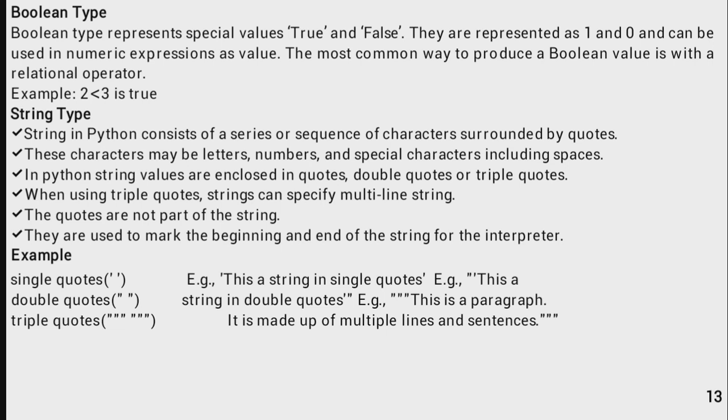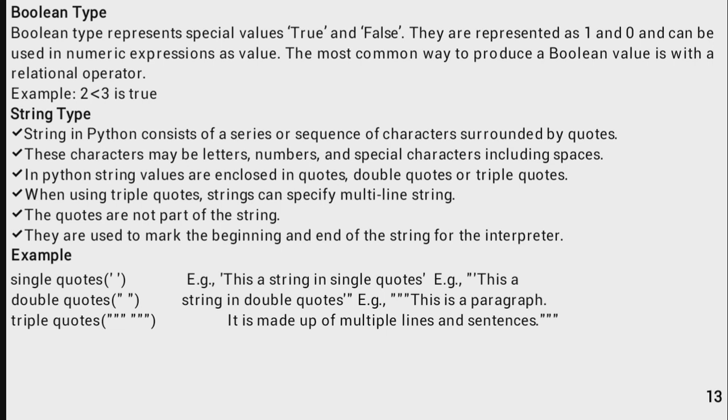Next one, string data type. A string in Python consists of a series or sequence of characters surrounded by quotes. These characters may be letters, numbers and special characters including spaces.